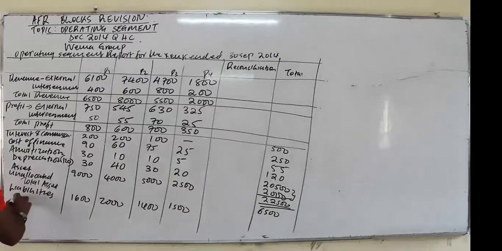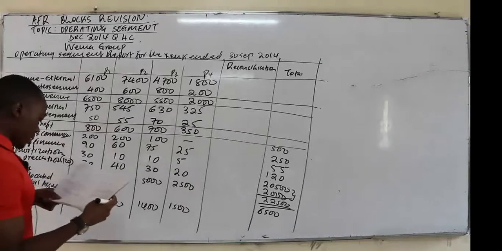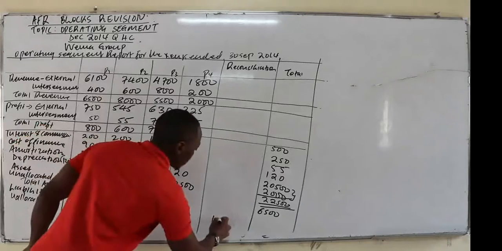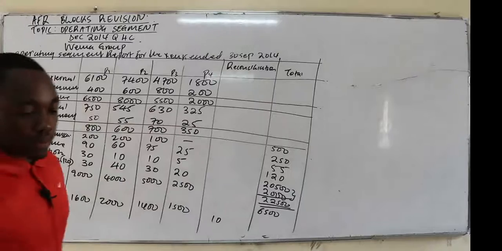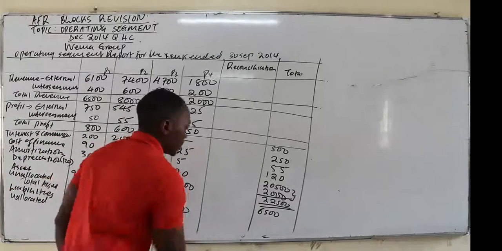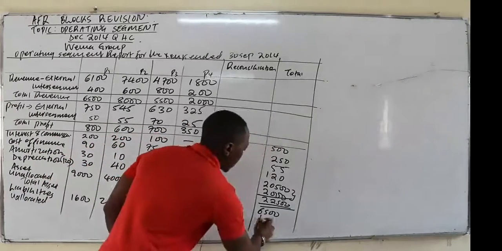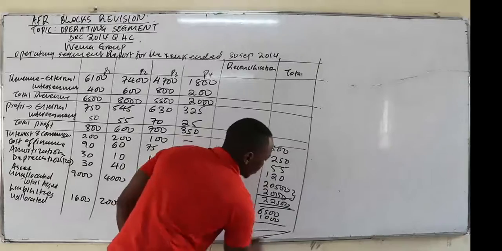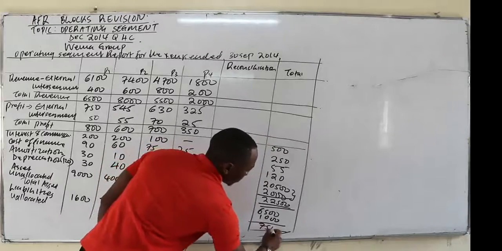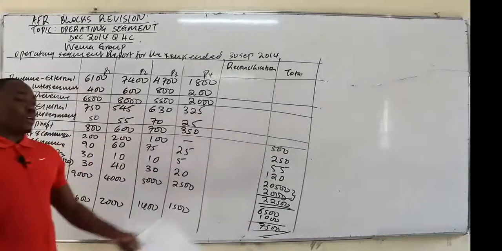How much was unallocated liability? Unallocated liability was 1,000. So you take it to the total. So that means your total liability will be 7,500.